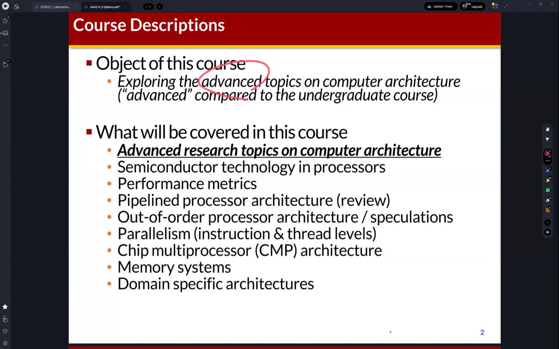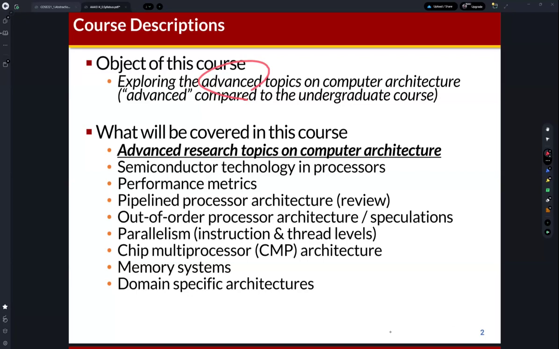The performance and other costs of these processors are highly influenced by current semiconductor technology. That's why the semiconductor technology is very critical for the performance and cost of the processors.